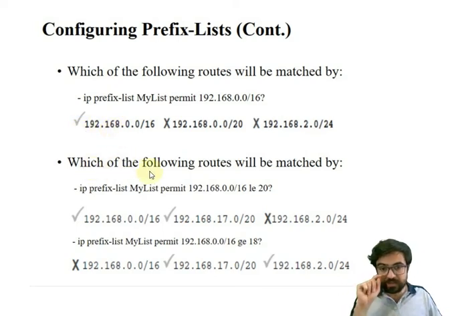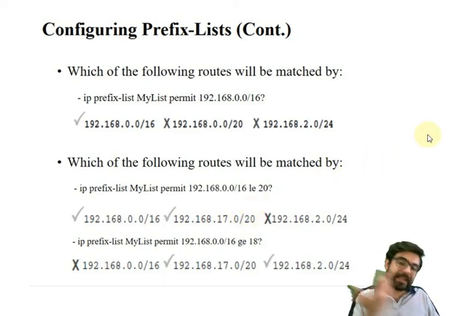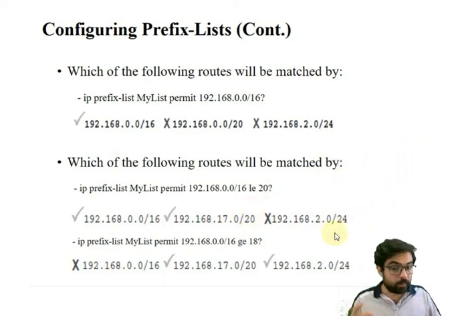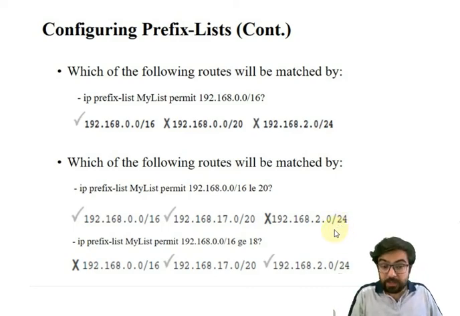But here, which of the following routes will be matched by ip prefix-list my list, the name, permit 192.168.0.0/16 less than 20? What does this mean? It means this network, 192.168.0.0/16, whatever is less than 20 is acceptable for me. But /24, which is greater than that, is not permitted.